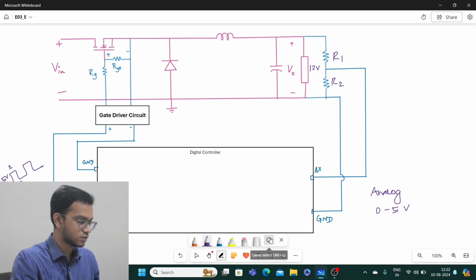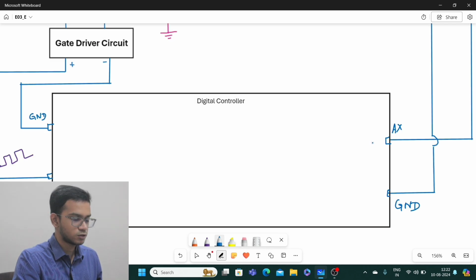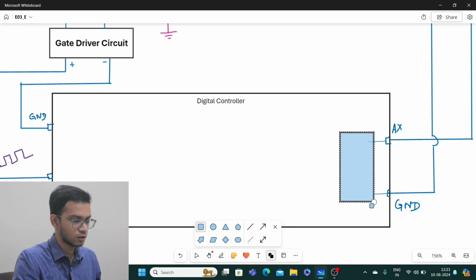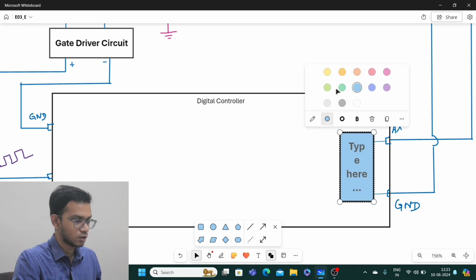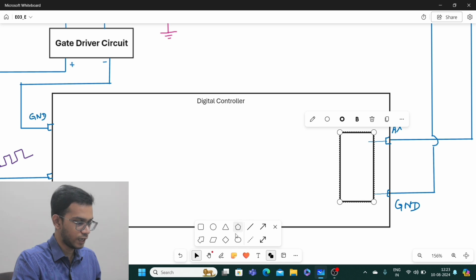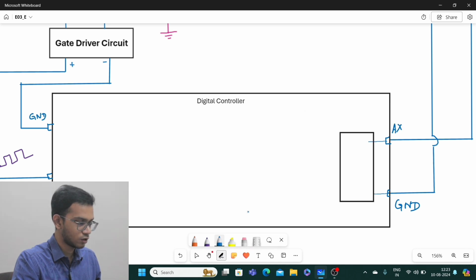Right. Now let us go into detail on how this digital controller works. At the first level, when you give an analog input to this microcontroller, you will have an ADC which will convert this voltage, which is lying between 0 and 5 volt, to a mere number.